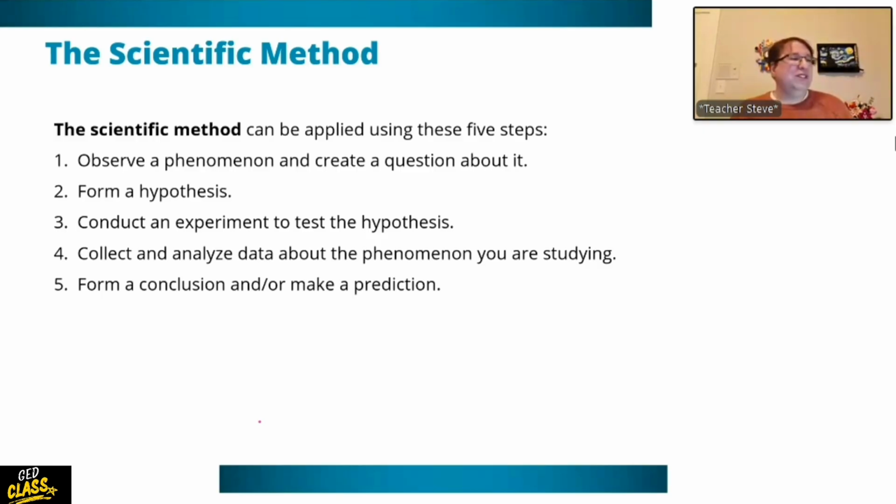The scientific method is a process of designing experiments, analyzing the results, and continuing the cycle of research. I always like, when I've done this in some other classes, to do little examples with this.